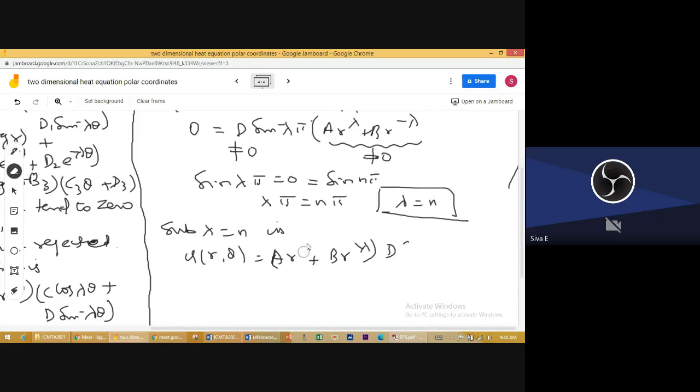Here it should not be lambda, because lambda equal to n. Therefore, A r power n plus B r power minus n, D sine n theta.